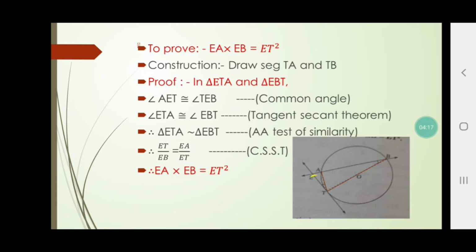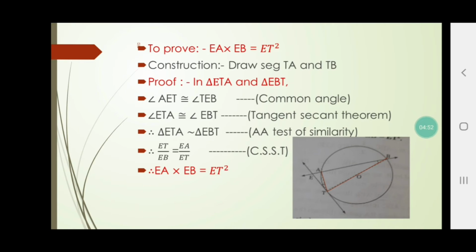This small triangle over here, that is triangle ETA, and triangle ETB. In these two triangles, one of the angles is common, that is angle E. So angle AET is equal to angle TEB, common angle. Now angle ETA is equal to angle EBT, tangent secant theorem.